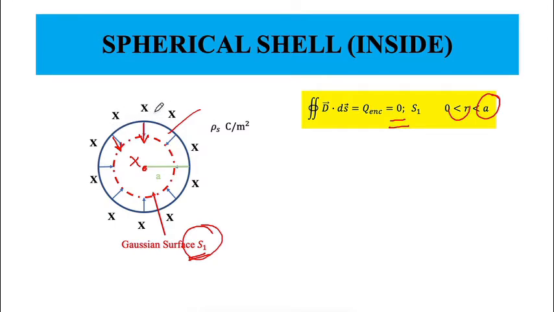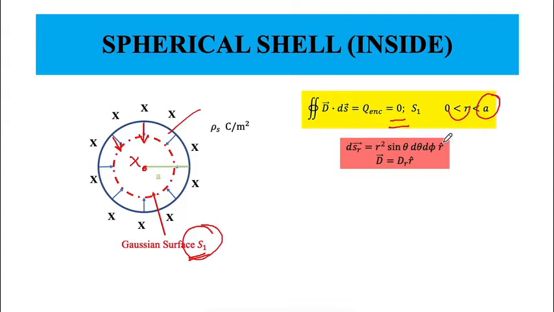So the incremental surface area on the surface of sphere S1 will be directed along the radial direction, and that is given by r hat. Let's call the radius of this sphere r itself. So I have r squared sin theta d theta d phi.